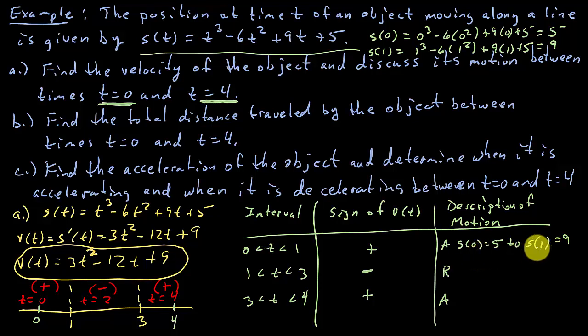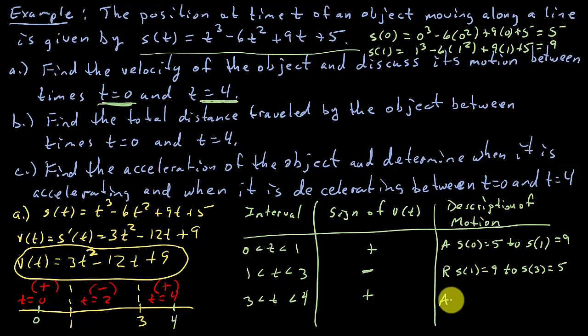Then it's retreating from what? S of 1, which equals 9, as we figured out here, to S of 3. And what's S of 3? If you take the 3 and plug it back into this position function, you get 5.